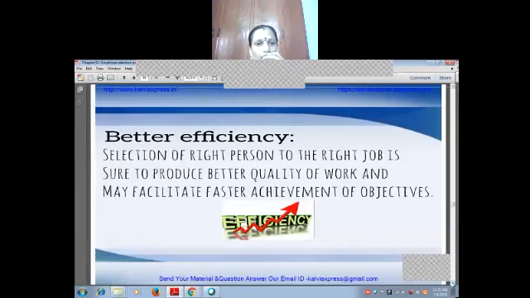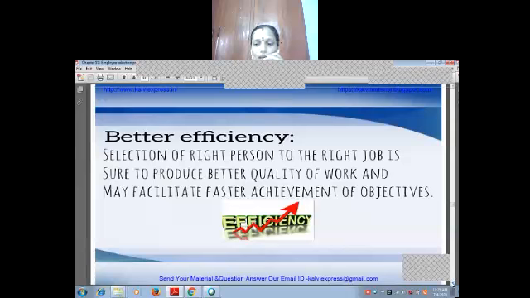Better efficiency. Selection of right person to the right job is sure to produce better quality of work and may facilitate faster achievement of objectives. That you know. Better efficiency. If a talented persons we are recruiting in this, automatically the person will do the job very well. So no need to motivate him.